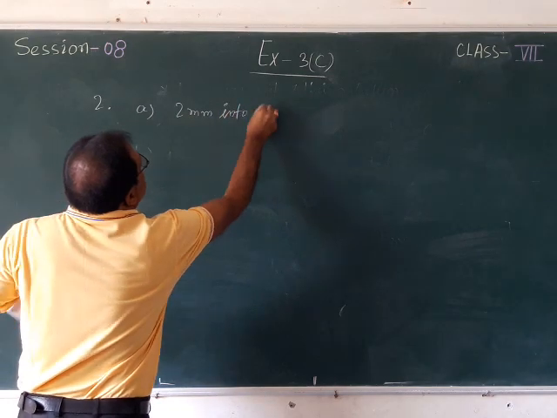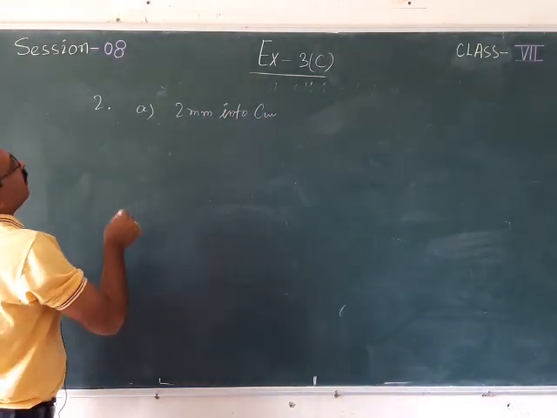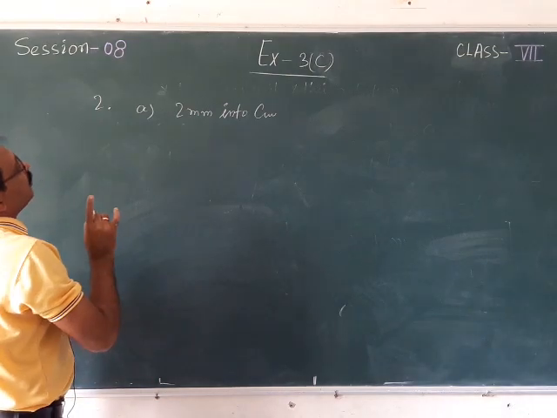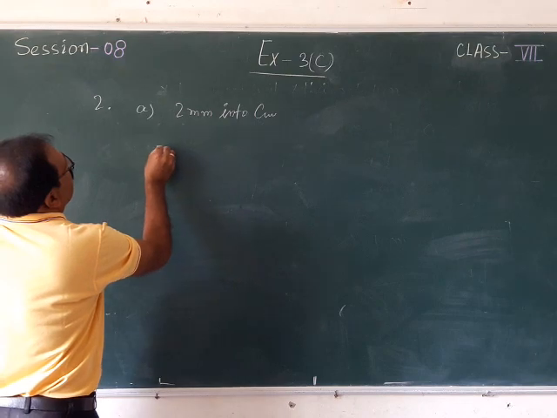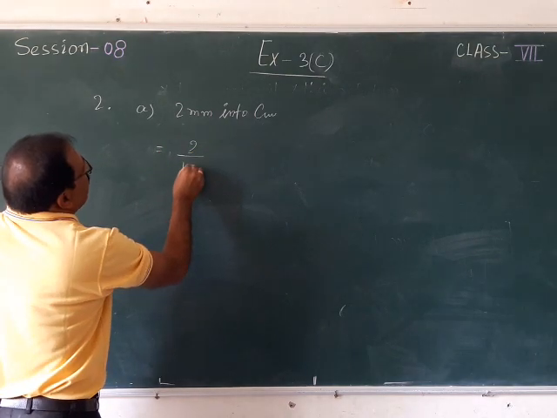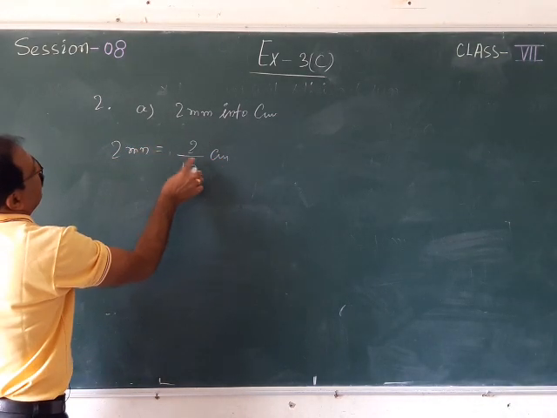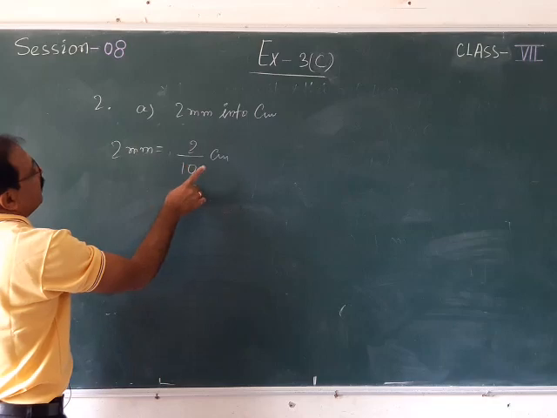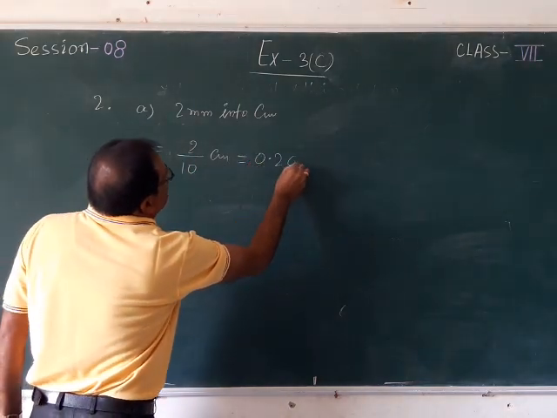Millimeter to centimeter. You know that 10 millimeter equals 1 centimeter. So to change 2 millimeter into centimeter, divide by 10. The answer will be 0.2 centimeter.